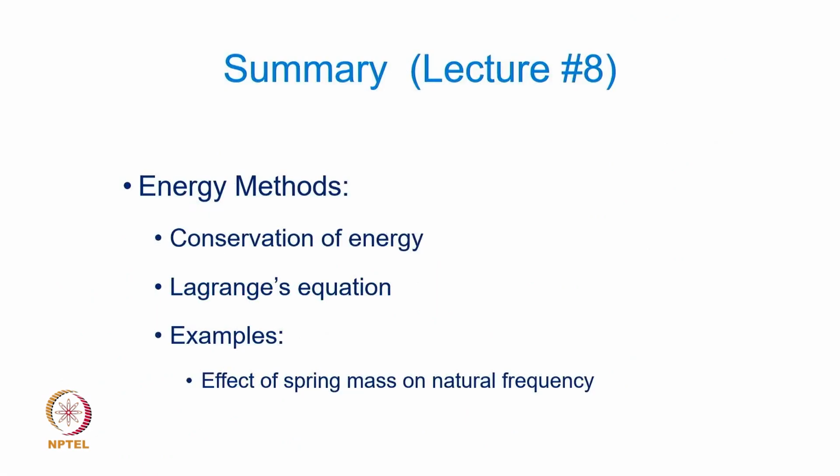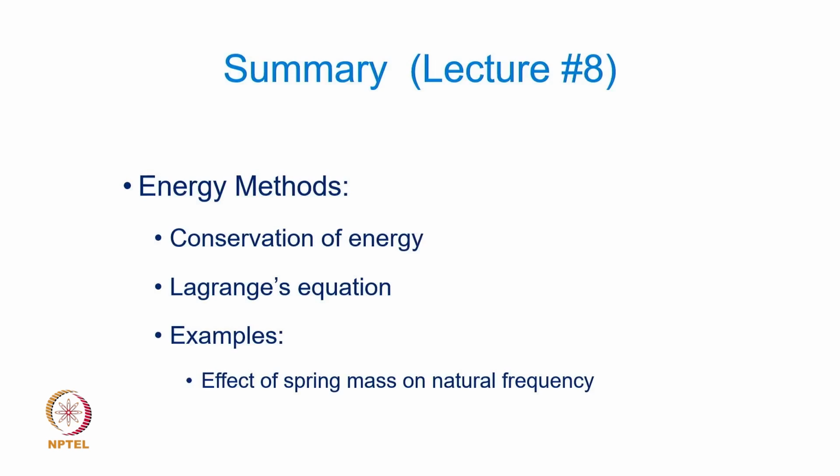So, to summarize this lecture, we had a good introduction to the energy based method as an alternate to the Newton's law based method of getting the governing equations of motion. And within the energy methods, we explored several alternatives. The ones which are used more are the conservation of energy, where we take the derivative of the total energy to be equal to 0.